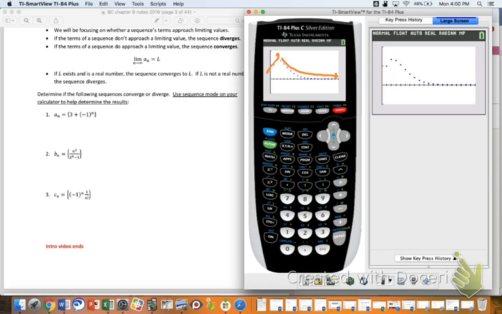The terms seem to be approaching a limiting value. And I would say, based on the way this graph looks, that these terms are probably approaching a value of 0, appear to be getting closer and closer to the x-axis. So again, based on that reasoning from the graph, I would say that this sequence converges.